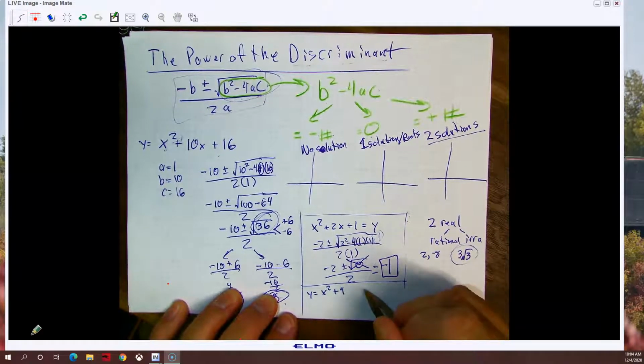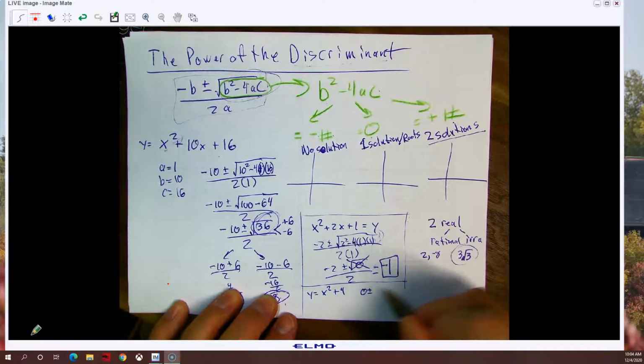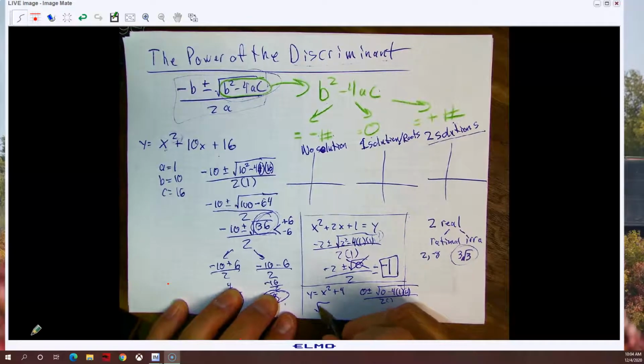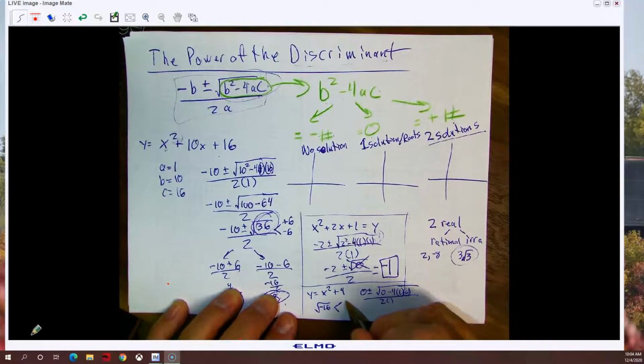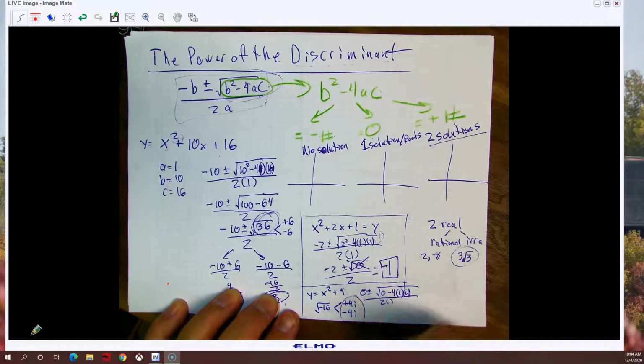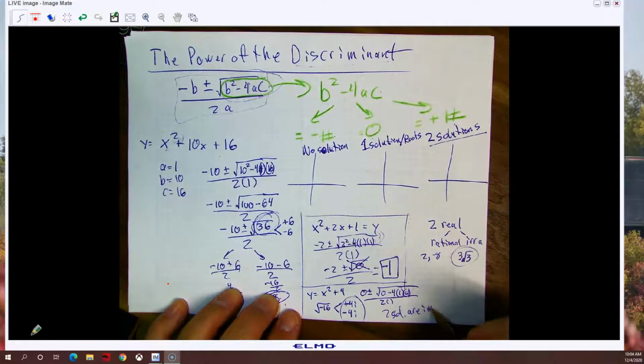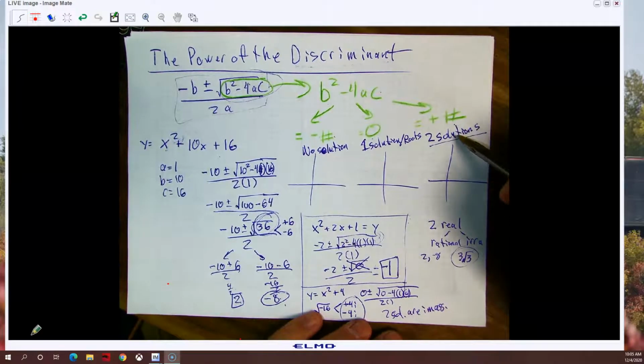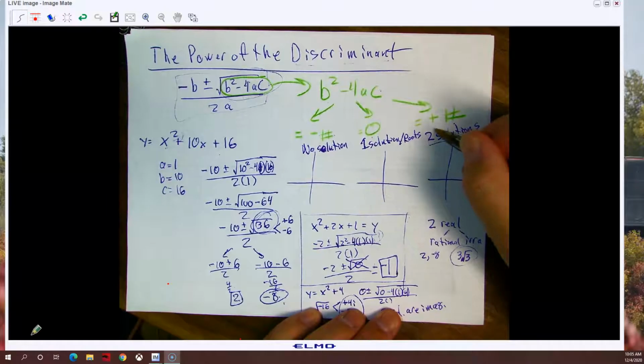That gives me 0 plus or minus the square root of 0 minus 4 times 1 times 4 all over 2 times 1, which would of course be the square root of negative 16, which is plus 4i and minus 4i. So in this case, I do get two solutions, but those are two solutions that are imaginary or complex.